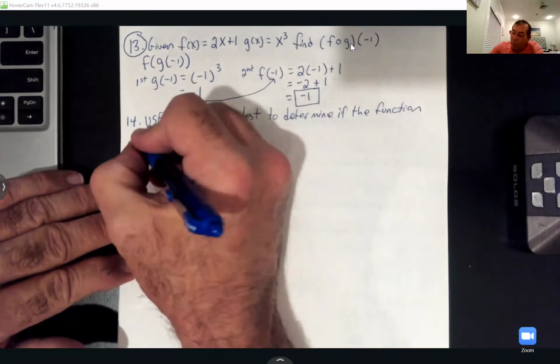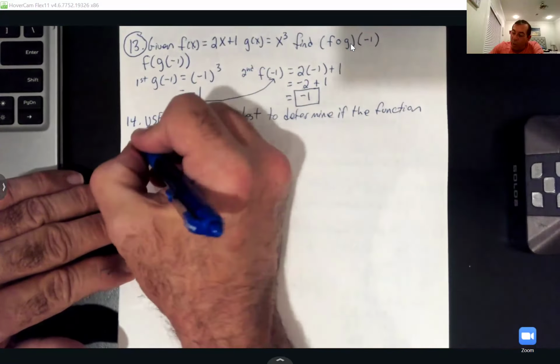So the horizontal line test is going horizontally across it, but it's basically the same as the vertical line test. If a horizontal line intersects that graph more than once, it's not 1-to-1.